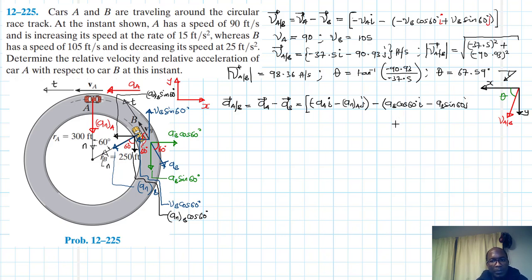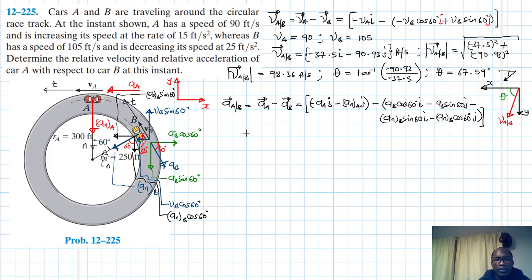Then we say minus AN B sine 60 i, then minus AN B cos 60 j.